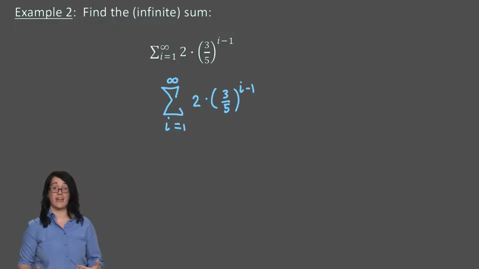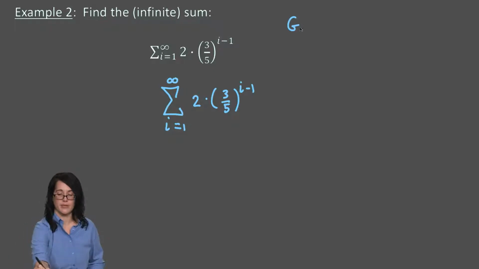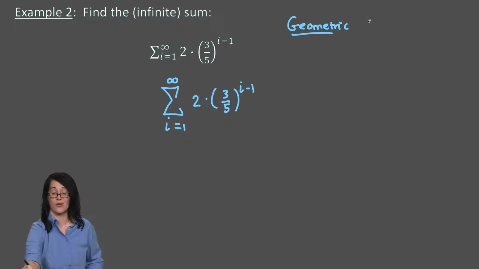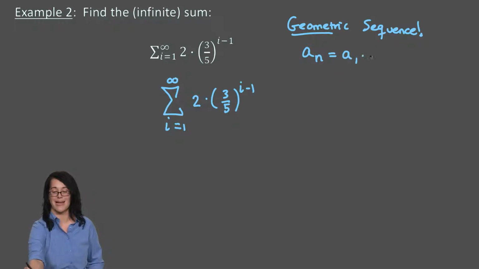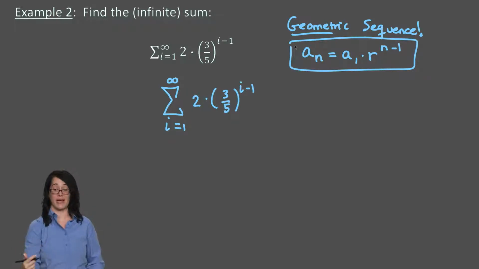Now you might recognize right away that this is a geometric sequence. And if you do, feel free to pause the video and try it on your own with the appropriate formula. Okay, but if you're wondering, how does she recognize that? A couple ways. One is pattern recognition. For a geometric sequence, the pattern was my first term times my common ratio r raised to the n minus 1. And this one is just begging to be recognized, isn't it?